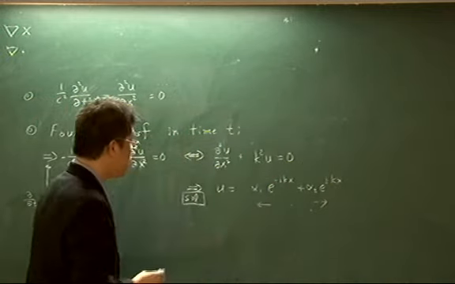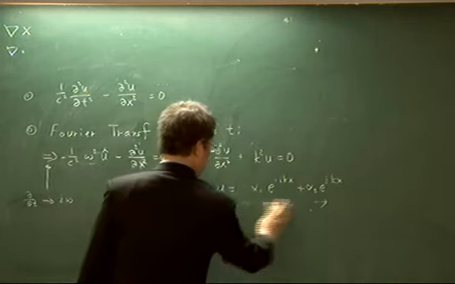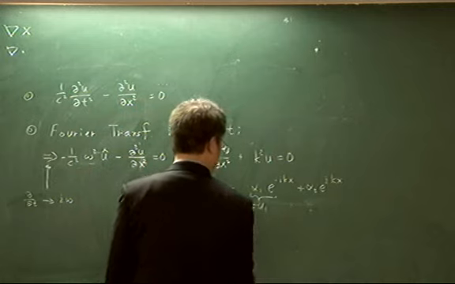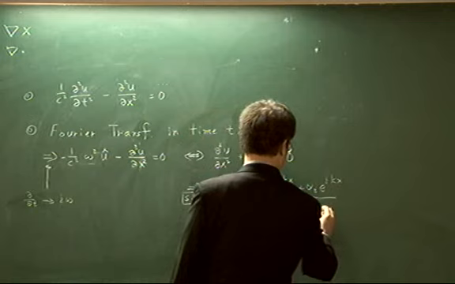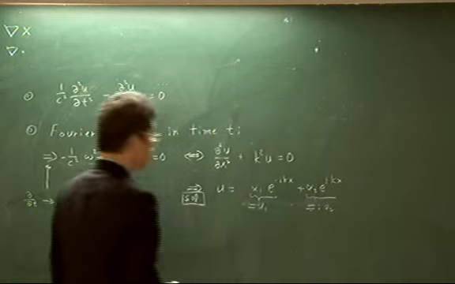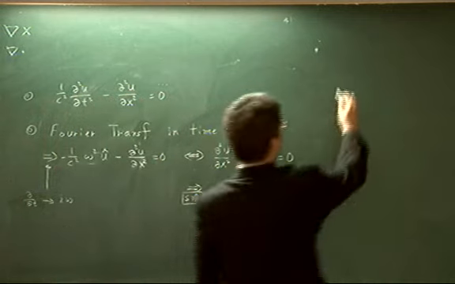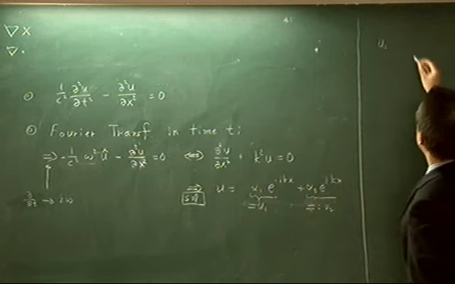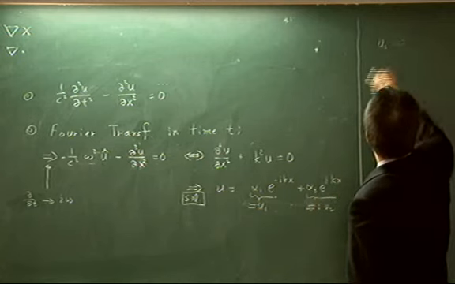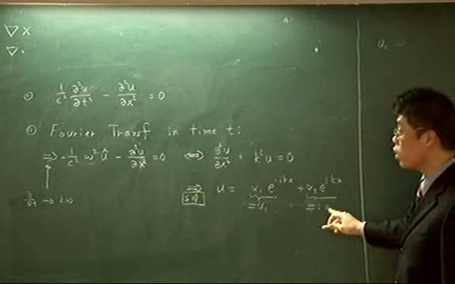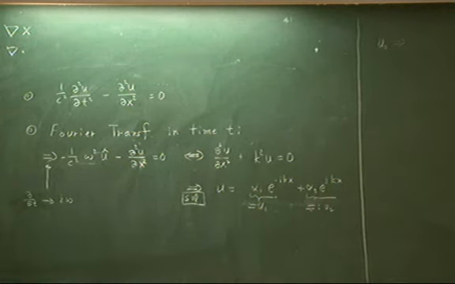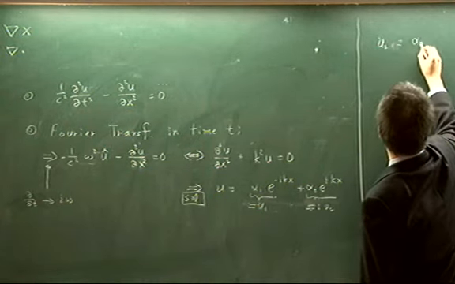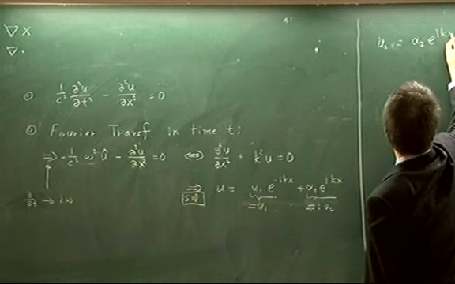We define this one u1 and this one u2, where u2 is the solution which represents the propagation to the right-hand side, for example alpha 2 exponential function ikx.